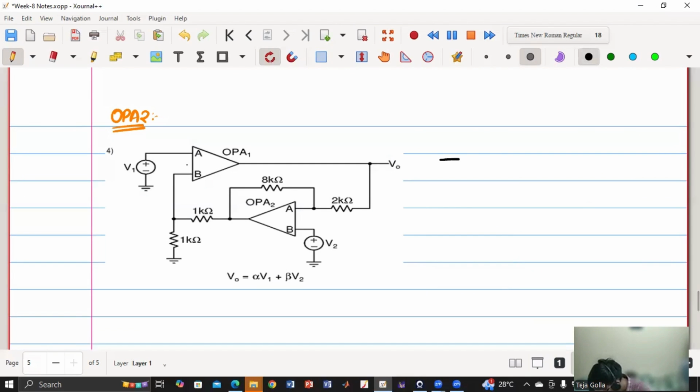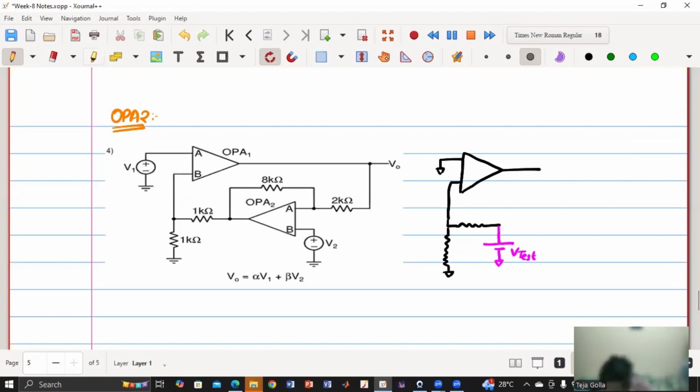So my VA is connected to ground, and I don't know the terminals. This is the output, and this is the input. This is 1K, and this is also 1K, and this is the output where I'll be exciting it with a test voltage V test, because I am testing it for op-amp 2.